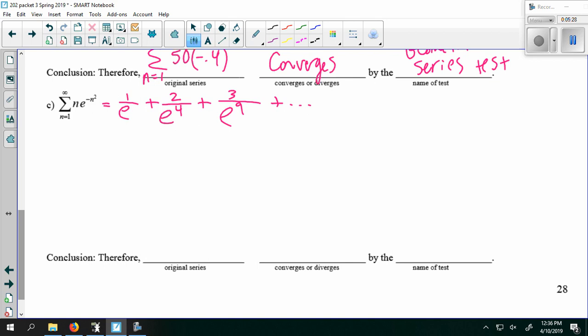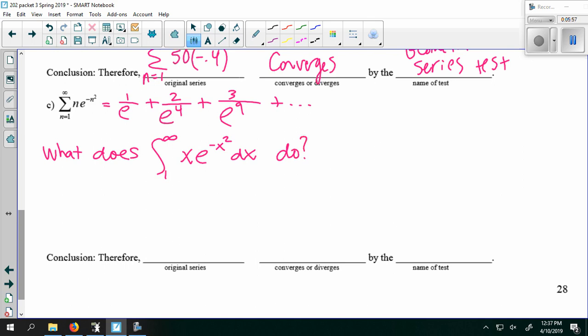But it is not geometric. I don't have a constant multiplier. And the only test I have left to me right now is the integral test. So I need to compare to what the integral does. I want to say, what does the integral from 1 to infinity of x e to the negative x squared dx do?